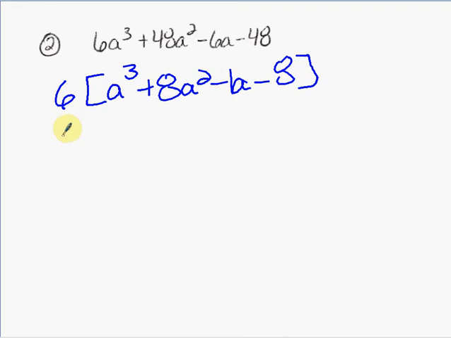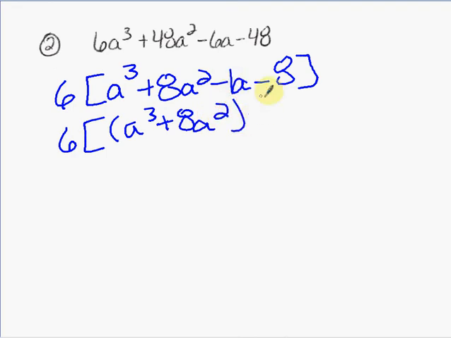Okay, I have 4 terms inside the brackets, so that tells me that I'm going to try grouping. So I make 2 groups. Even though this is a minus a right here, I'm going to put a plus. It's always a plus. I put my minus a right there.